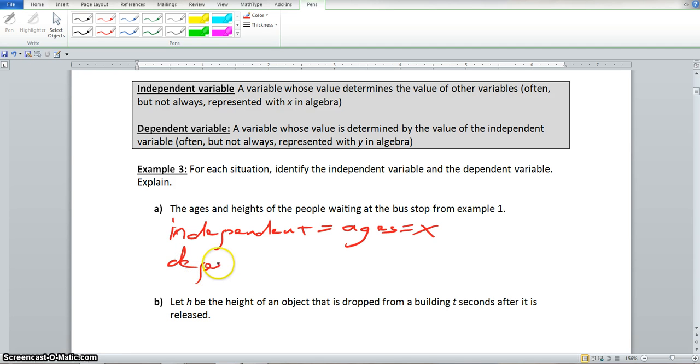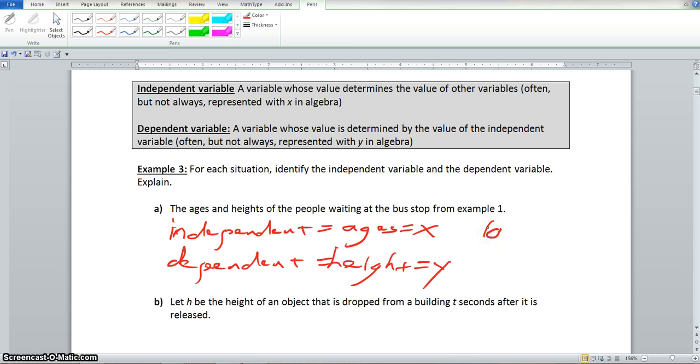So then we have dependent, which is the height. Now, your height can be affected by your age, just like an infant. We would expect the infant to be less than 4 feet tall because they're a newborn. Now, we could write this out as a statement.